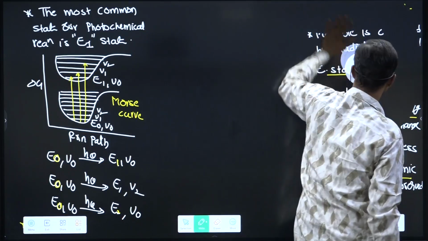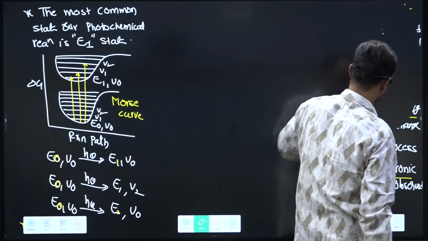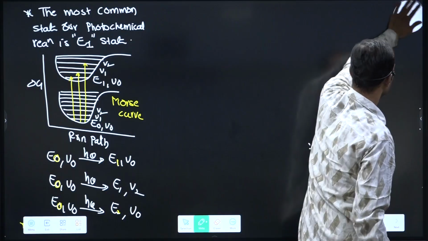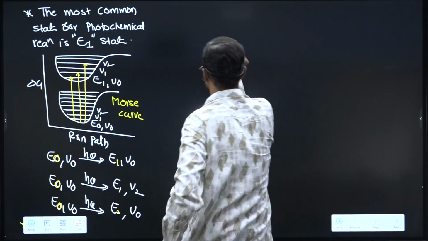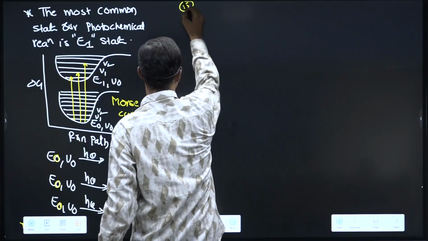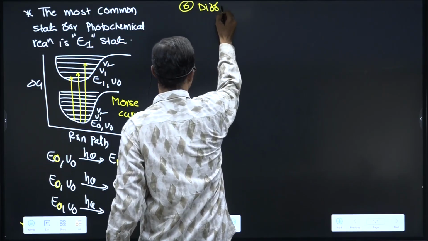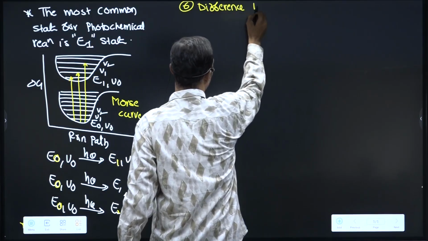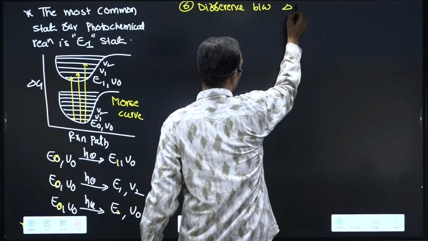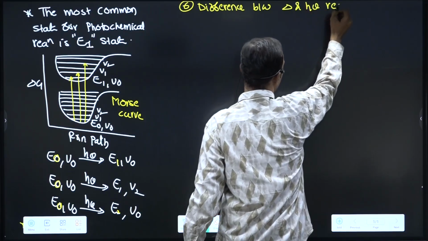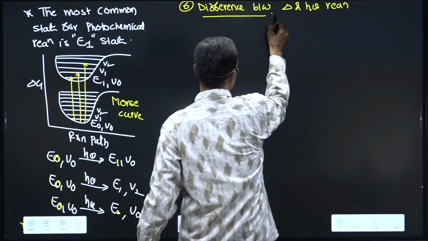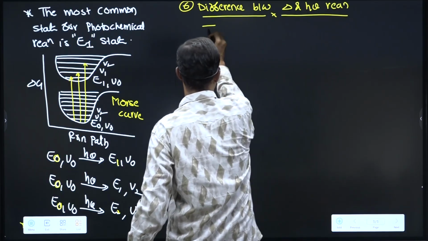So that is thermal and photochemical reactions key points. Then write the difference between thermal and photochemical reactions. What is the difference between thermal and photochemical?